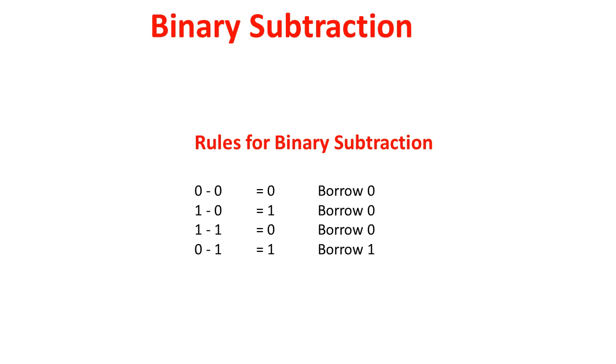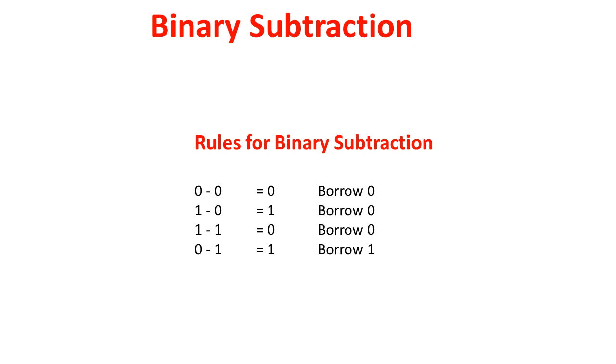0 minus 1, the result will be 1, but the borrow will be 1. As we have learned in the binary addition, the carry was taken forward to the next column.